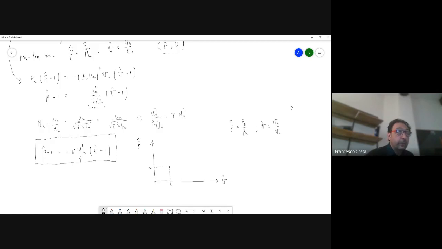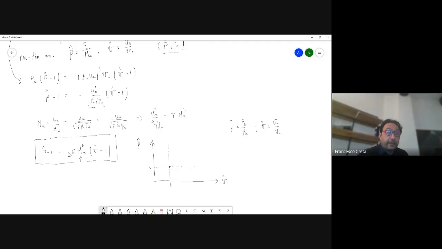Now look at this slope. Obviously the Mach number here is always positive. It doesn't matter whether it's subsonic or supersonic. It's always positive, so there's a minus sign here. So it seems that these curves, irrespective of whether the Mach number is supersonic or subsonic, always have a negative slope.